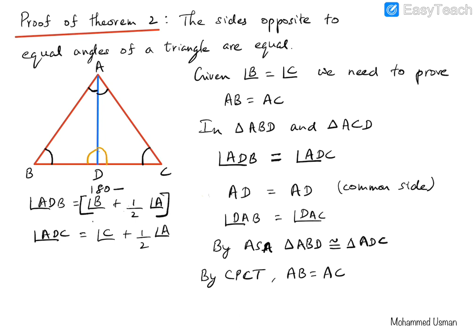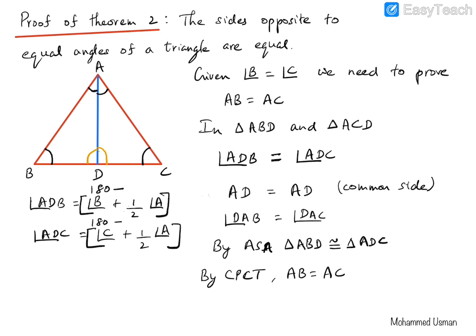Similarly here it is 180 minus this part inside the brackets. So angle ADB will be 180 minus angle B plus half of angle A, and ADC will be equal to 180 minus angle C plus half of angle A. And since angle B is equal to angle C, which is given to us, angle ADB will be equal to angle ADC, which is what we have written here.